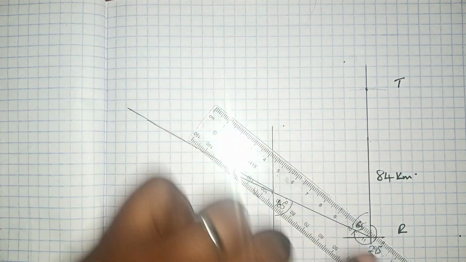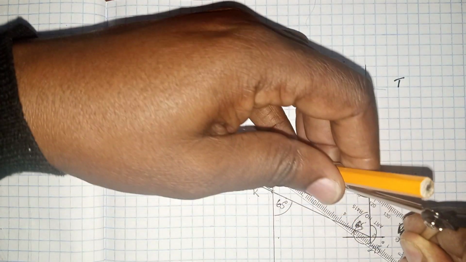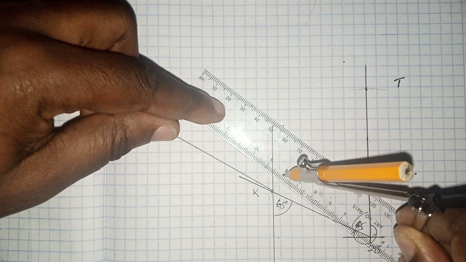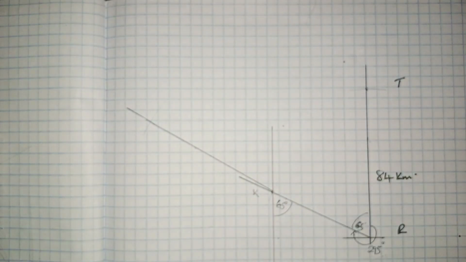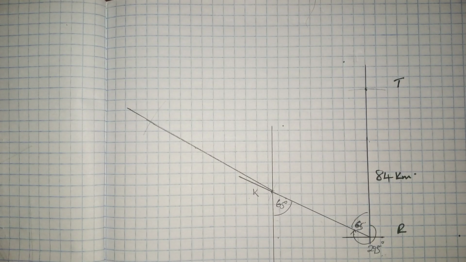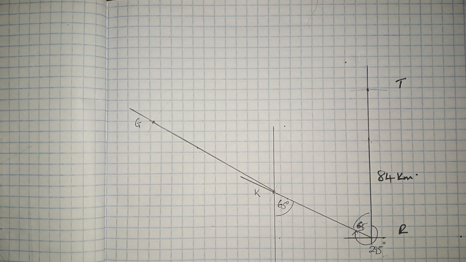Again, we keep dividing by 10. We are going to measure 8 centimeters there. So from here, 8 centimeters. That is our point G. That is our town G.